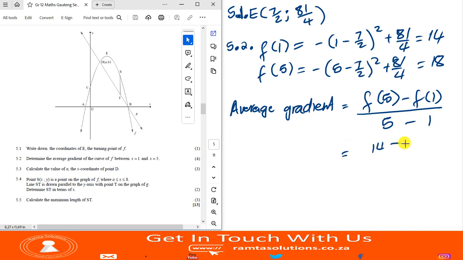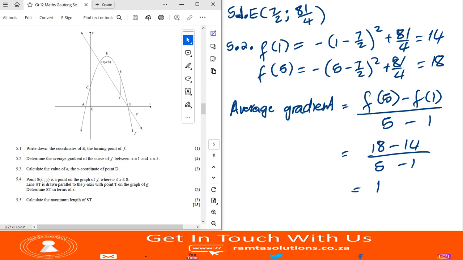It's 18 minus 14, all over 5 minus 1. So our answer is simply 4 over 4, which is 1. Therefore, our average gradient between these 2 points is 1. Happy? Perfect.